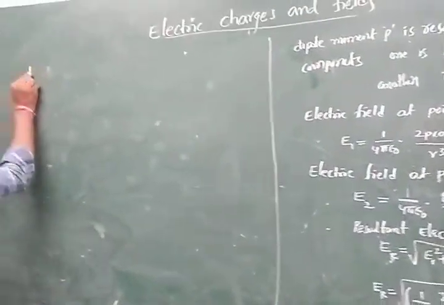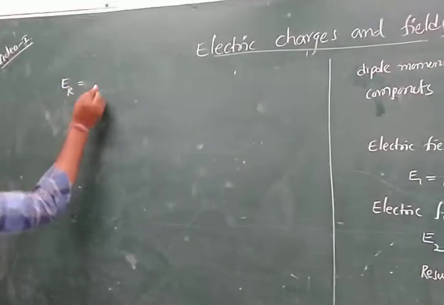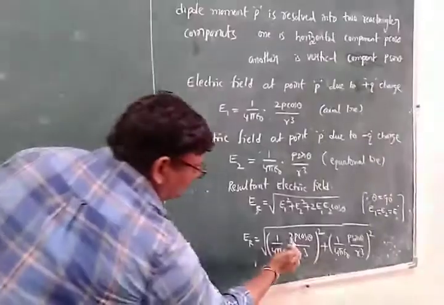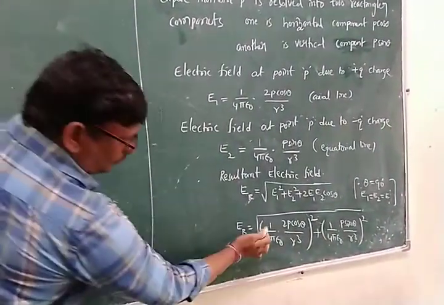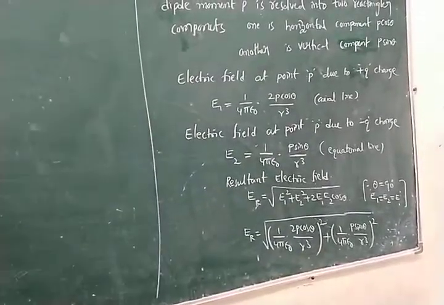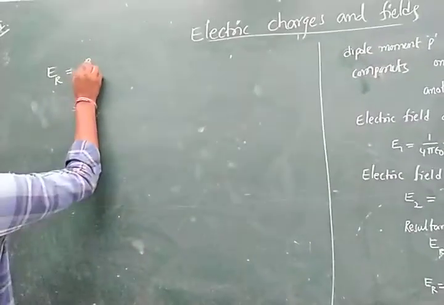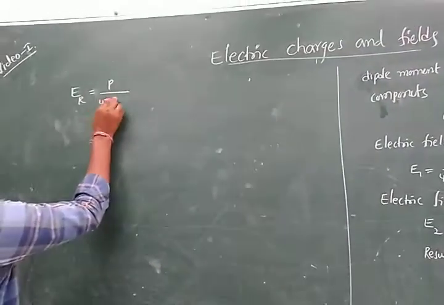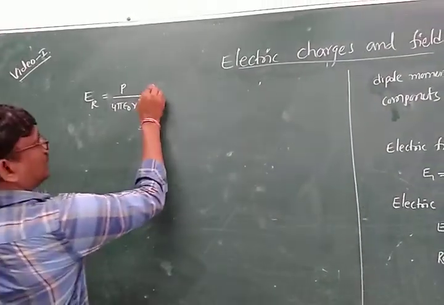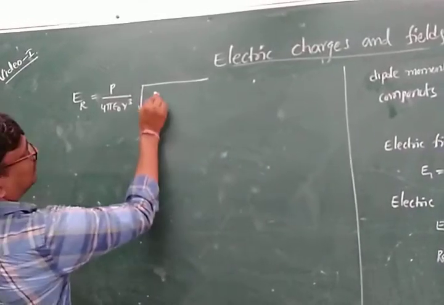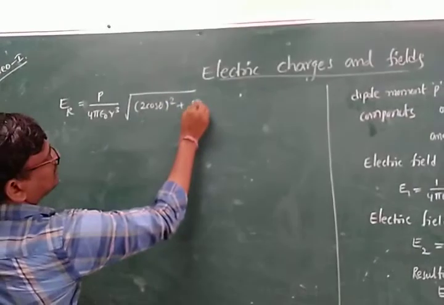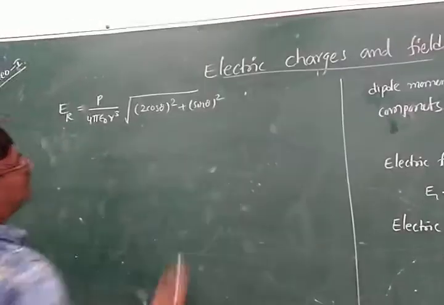The resultant electric field E_R is equal to, taking away the common terms, p by 4 pi epsilon naught r cube, into the root of (2 cos theta) whole square plus (sin theta) whole square.